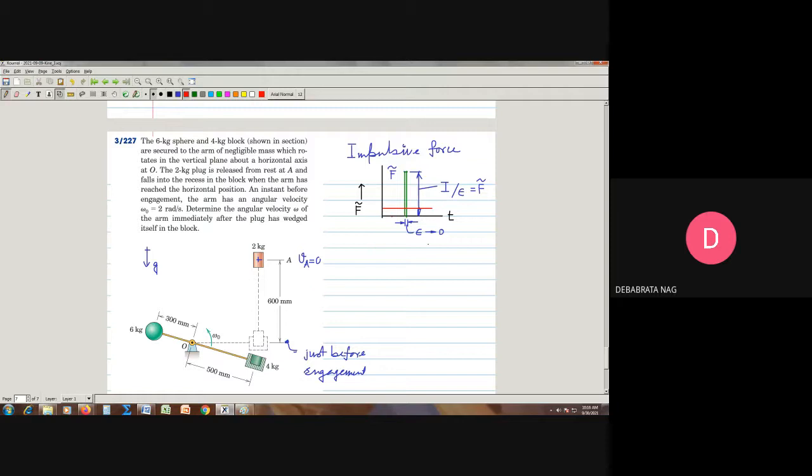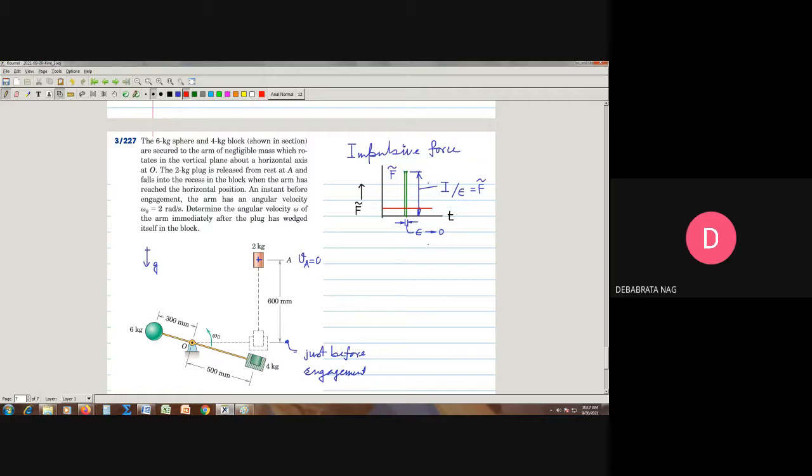So you can understand that for such a small duration of time, the impulse provided by a non-impulsive force will be very, very small compared to the impulse provided by the impulsive forces.